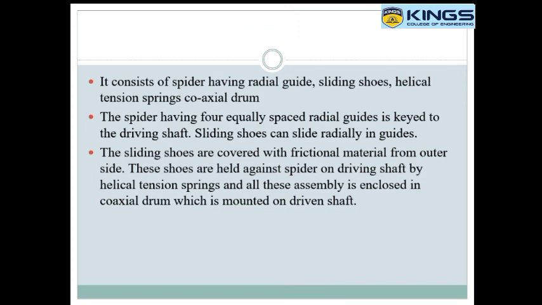It consists of a spider having radial guides, sliding shoes, helical tension spring, and coaxial drum. The spider having 4 equally spaced radial guides is keyed to the driving shaft. Sliding shoes can slide radially in the guides. The sliding shoes are covered with friction material on the outer side.